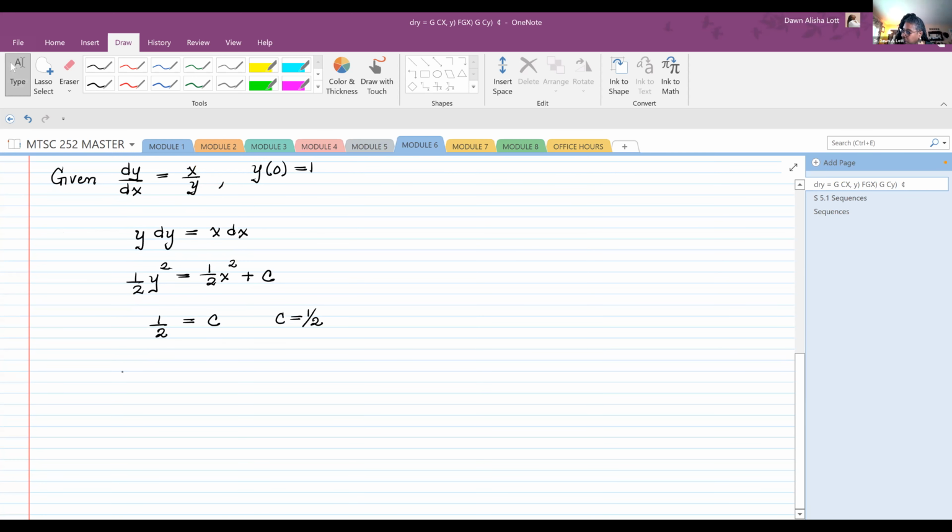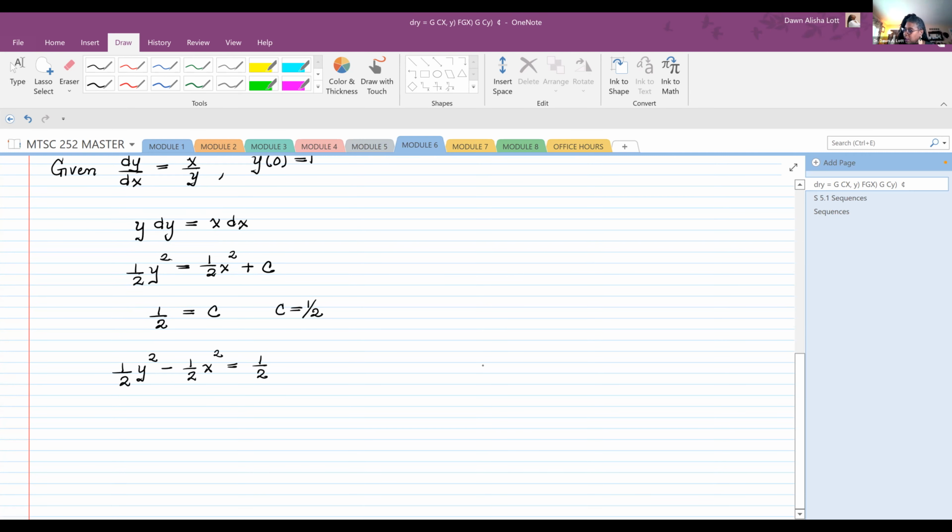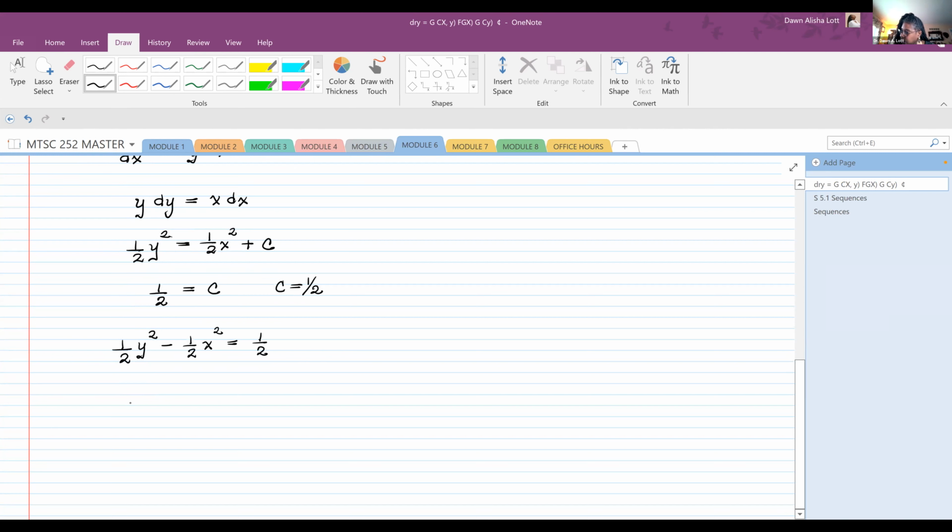So now I get 1/2 y squared, I'm going to pull this to the other side and get minus 1/2 x squared is equal to 1/2. And if I multiply everything through by 2, I get y squared minus x squared is equal to 1. And that's a hyperbola.